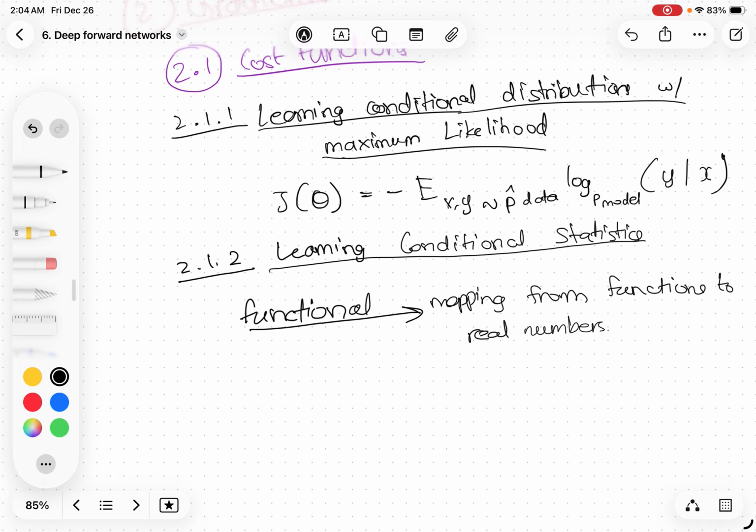Solving an optimization problem with respect to a function requires a mathematical tool called calculus of variations. It's not necessary to know the calculus of variations exactly, but it is necessary to understand that it may be used to derive the following two results.